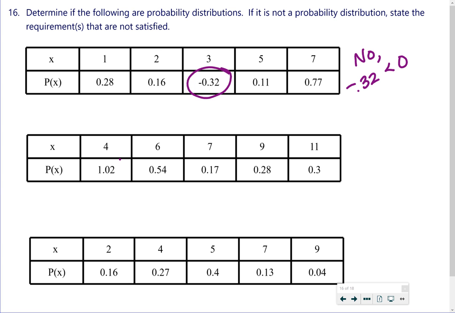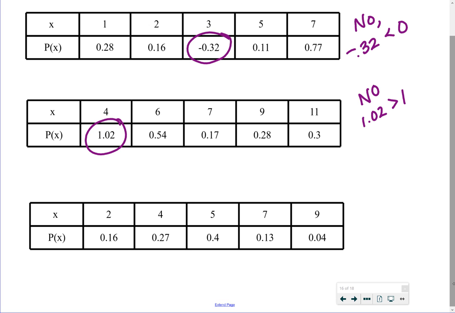Again, no. 1.02 is greater than 1. We need to be between 0 and 1. What about the bottom one? It looks like all of our individual probabilities are okay there. Somebody want to sum them up real quick? We're good? So if the sum of all those is equal to 1, my answer is yes.